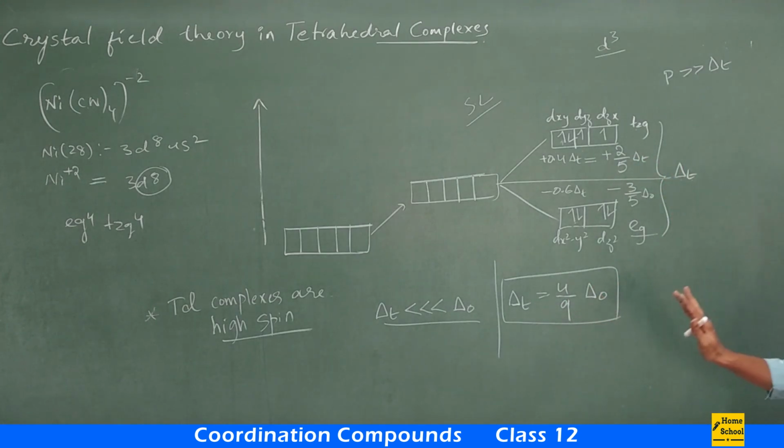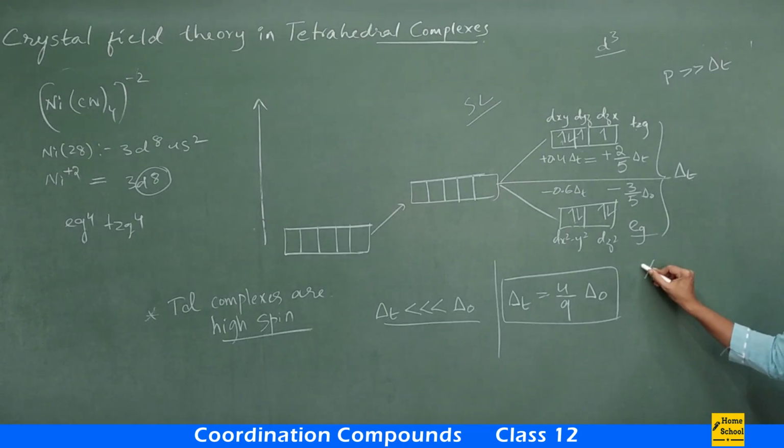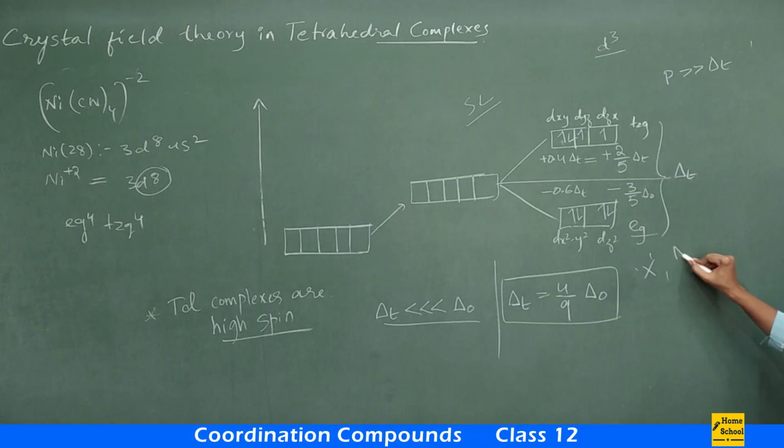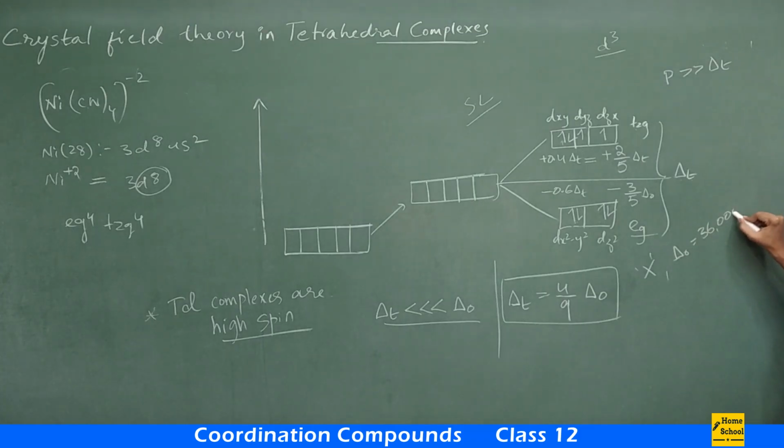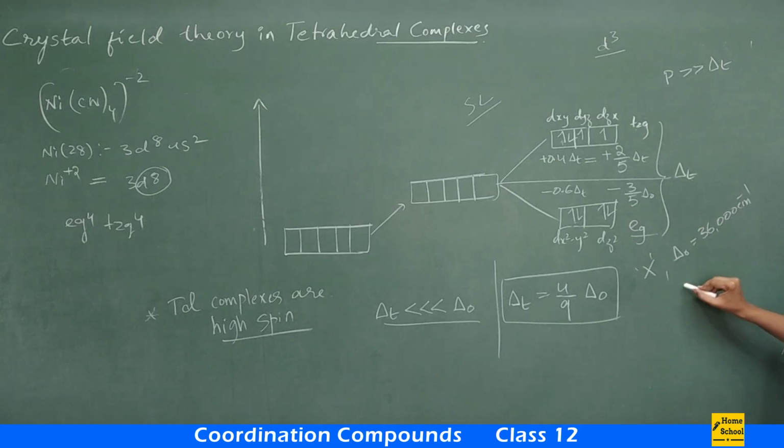A question can be asked this way. In one of your exemplar questions, you have a particular complex X which has delta naught equal to 36,000 centimeter inverse, and they have asked how much is delta T. Delta naught they gave you, delta T they are asking.